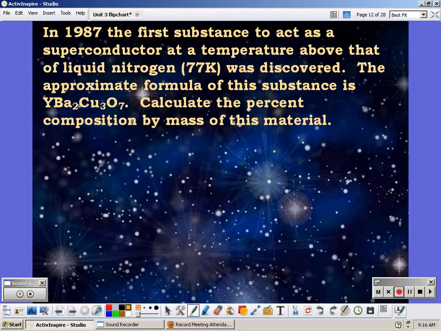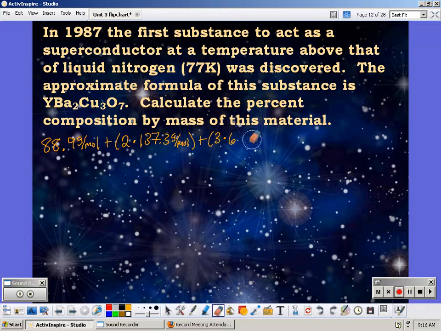So yttrium has a mass of 88.9 grams per mole. 2 bariums, so 2 times 137.3 grams per mole, plus 3 coppers, 63.5 grams per mole, plus 7 oxygens, 16.0 grams per mole.